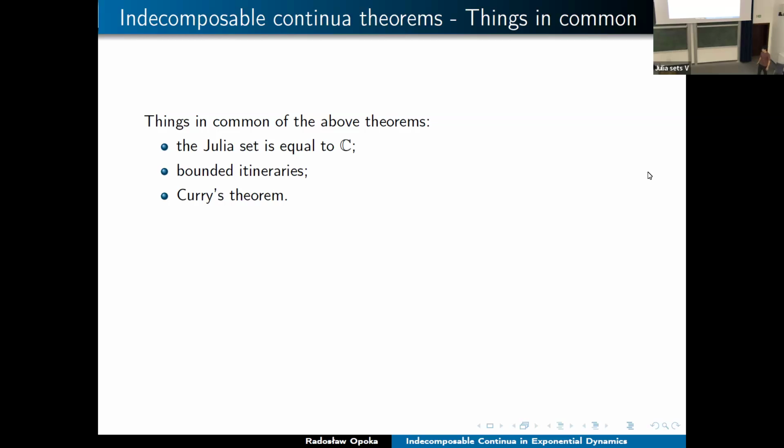For Rempe, it's harder to say in a few words if the itineraries are bounded, because lambda can be not real, and for not real lambda, the zero can have an unbounded itinerary, and in Rempe's construction, the itineraries which he constructs depend on the itinerary of 0.